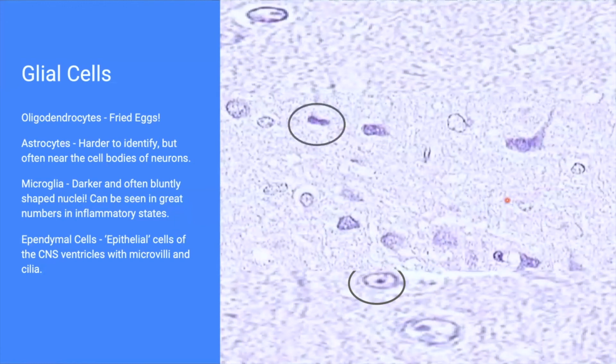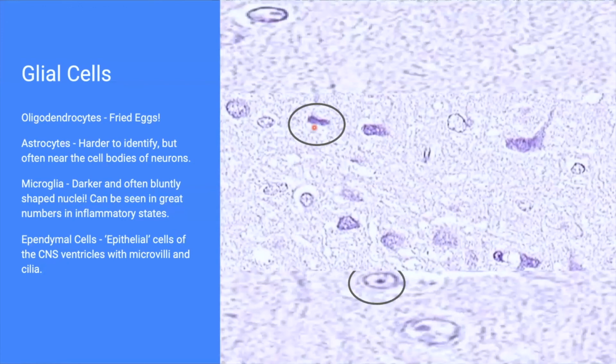All right, microglial cells. These are going to be also found within both gray and white matter, but they appear as this sort of blunt cigar-shaped nucleus. They look different than everything else around them. Most of the other cells have a pretty pale staining nucleus, maybe a halo around the nucleus, whereas microglial cells are just this cigar, blunt-ended shaped nucleus.